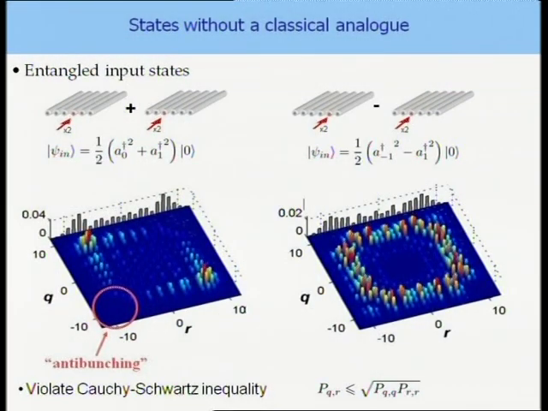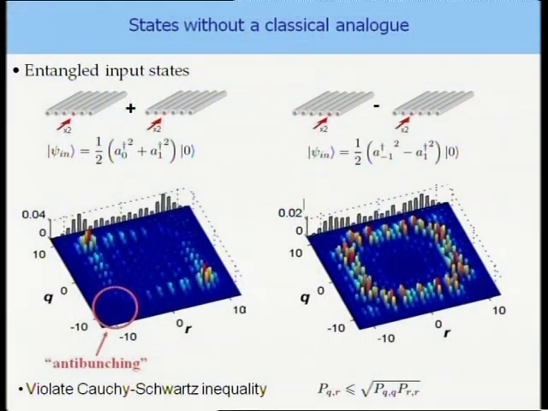And if I put them with one waveguide apart, I can really reproduce the same frame that I showed you before that I could generate with fermions. So even though I cannot do experiments with fermions in waveguide lattices, we can definitely do experiments with entangled photons and reproduce the same patterns that we predicted with fermions.